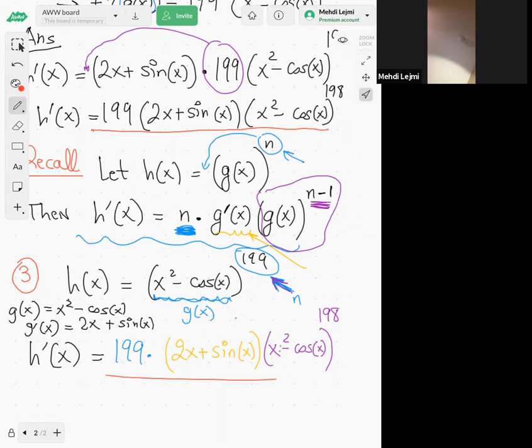So all I'm saying is, whenever you have a function to some power, like here, x squared minus cosine to the power 199, you can try to apply this formula, which is a consequence of the chain rule. Any question, guys?